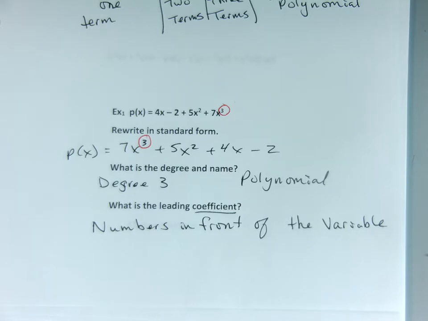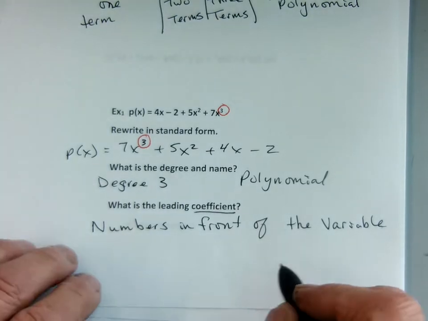I'll let you get caught up because I'm going too fast. So 7 is a coefficient. 5 is a coefficient. 4 is a coefficient. The negative 2 is called a constant because it's not going to change. It's no variable. Does that make sense? So these are my coefficients. The leading one is the one in front after you rewrite it. So 7 is my leading coefficient. We'll eventually graph these.